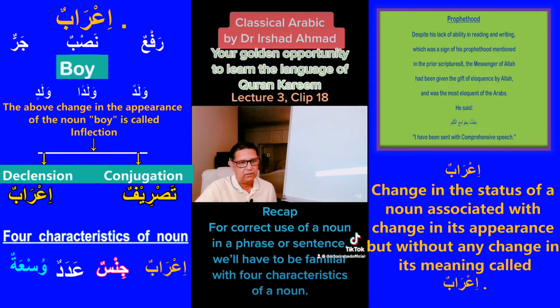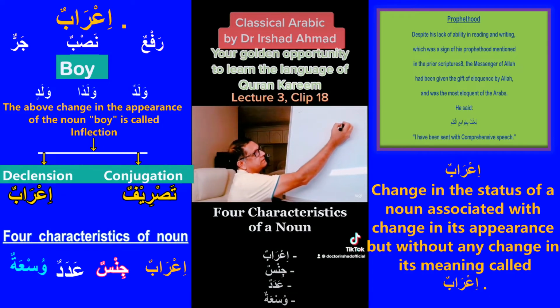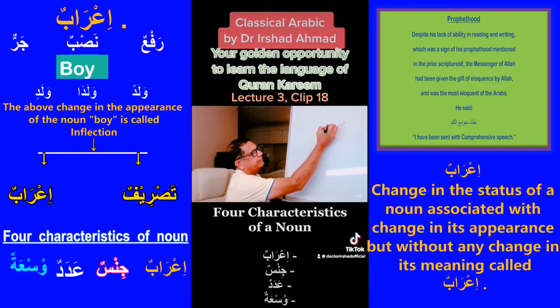And of those 4 characteristics, we have to some extent looked at the attribute of I'rab. And the next one we can start looking at is jins. Gender.